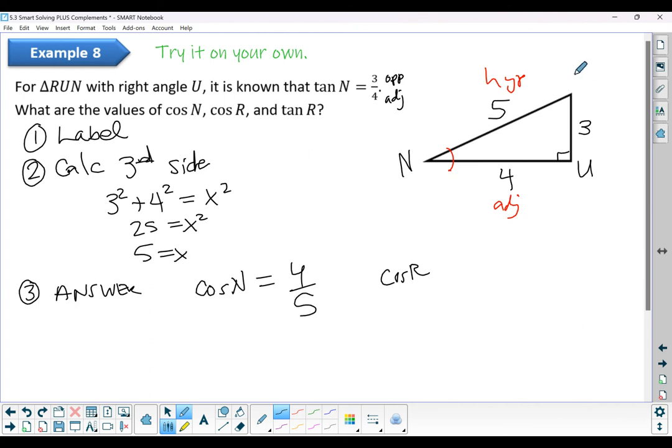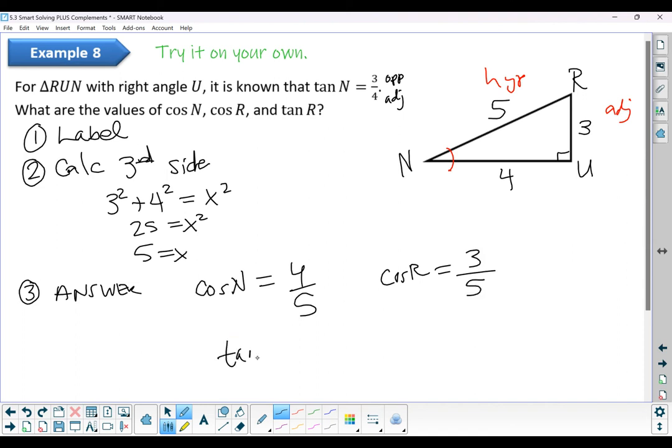R is the one at the top. This is triangle run, so I didn't have it labeled yet. So the cosine of r is going to be the adjacent to r divided by the hypotenuse. Well, for angle r, adjacent is the 3. That's the one that's next to r. So the cosine of r is 3/5.